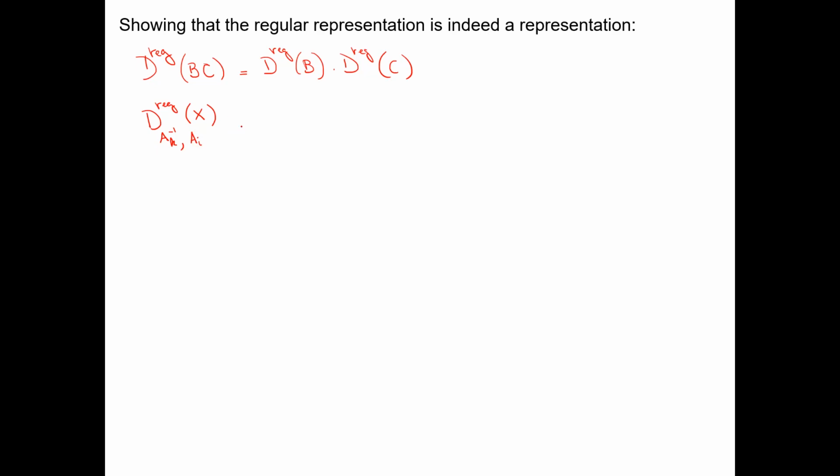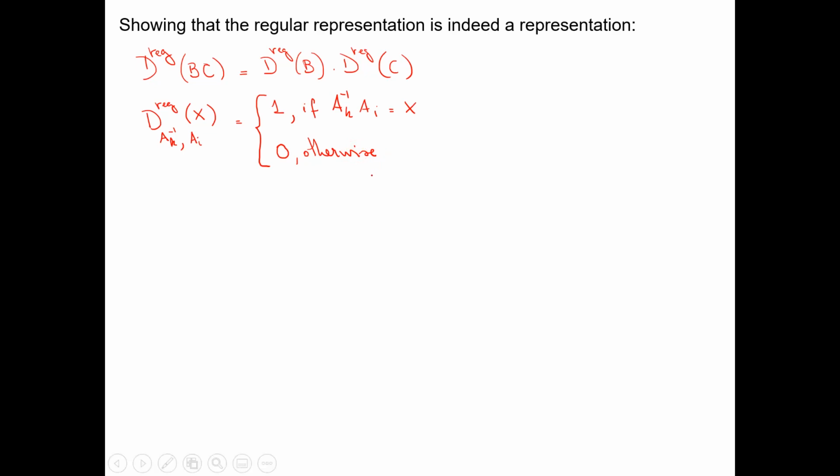And by definition, this is going to be equal to 1 if this product is equal to X. This is basically the definition of the regular representation. And then it's going to be 0 otherwise.